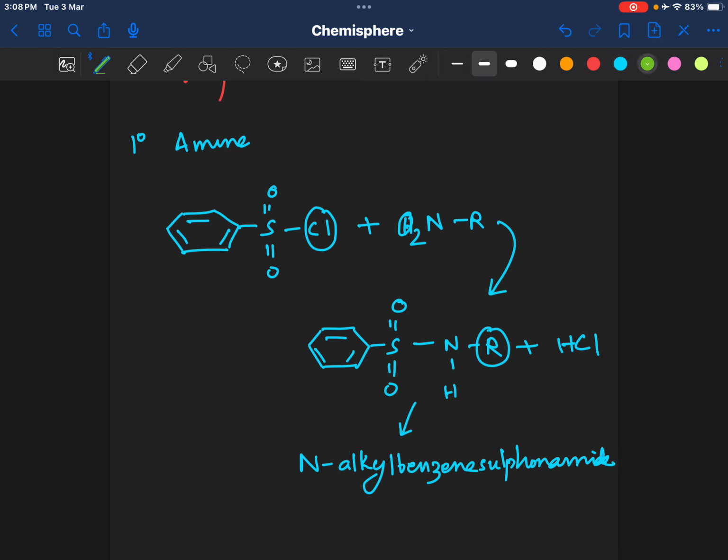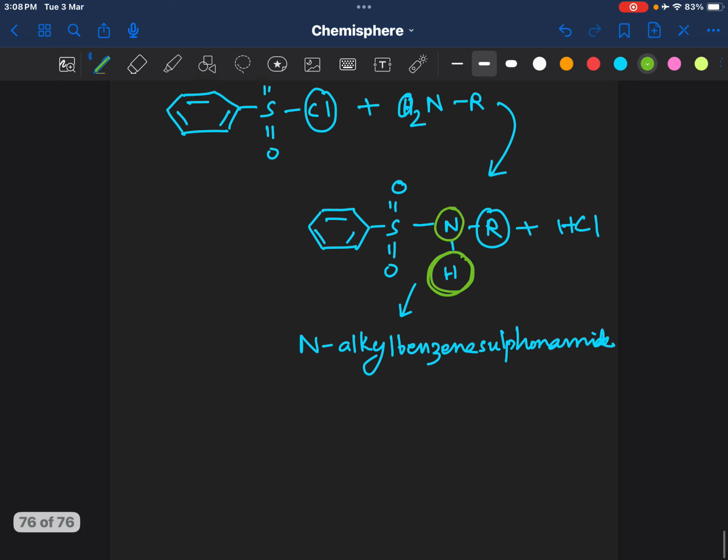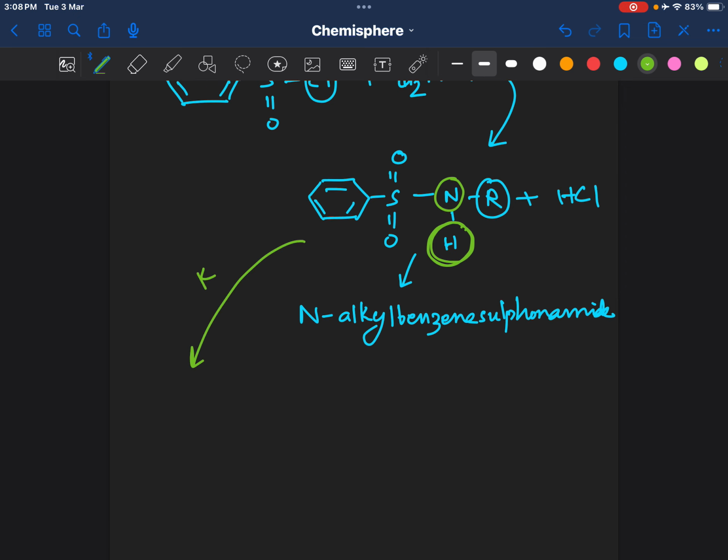Since these contain an acidic hydrogen on the nitrogen atom, when we react them with KOH they dissolve in KOH, because acid plus base gives a salt.